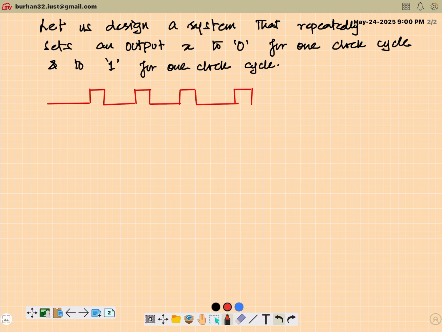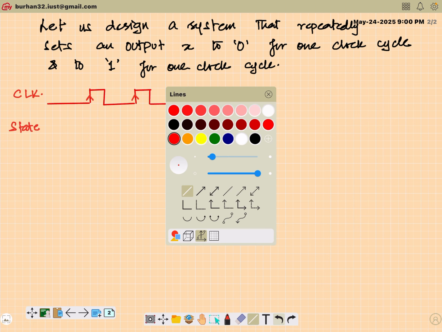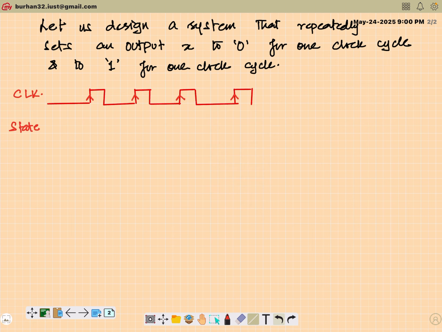Henceforth, we will be assuming a flip-flop behavior, meaning triggering will only happen at these edges rather than the levels. Fine. So this is my clock. And if I try to draw the state here, again, as we have been doing, let's draw the projection. So here is what my circuit will react to, the positive edge of the clock.